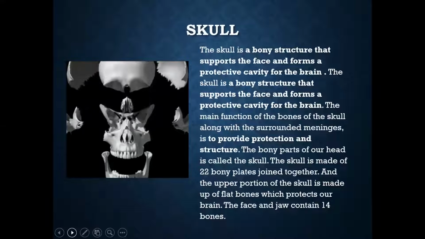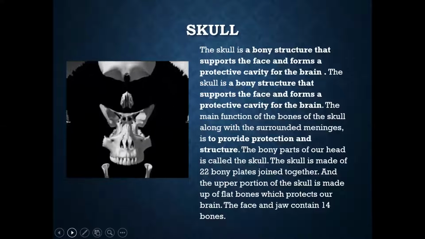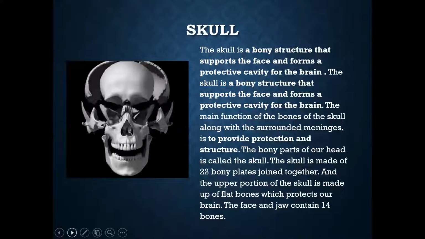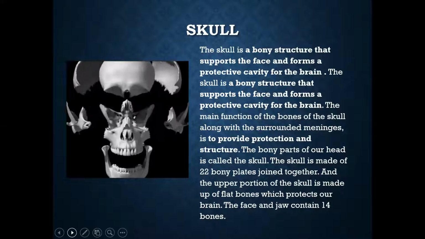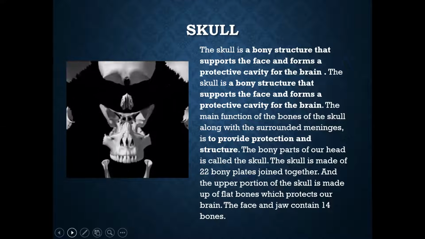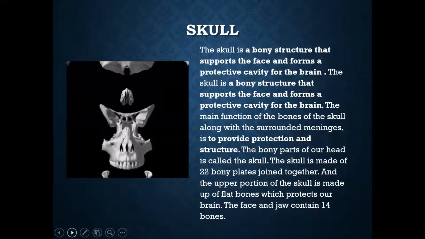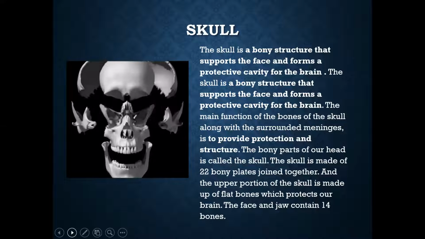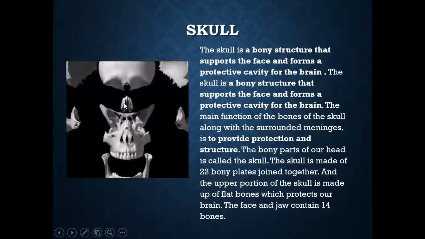Coming to the next, the skull. The skull of an adult human being has 22 bones. It contains holes for eyes, ears, nose, and mouth. The upper portion of the skull is made up of 8 flat bones which protect our brain.